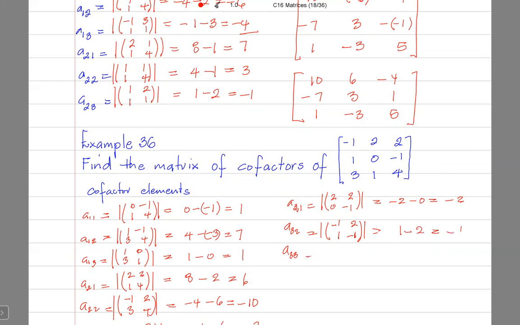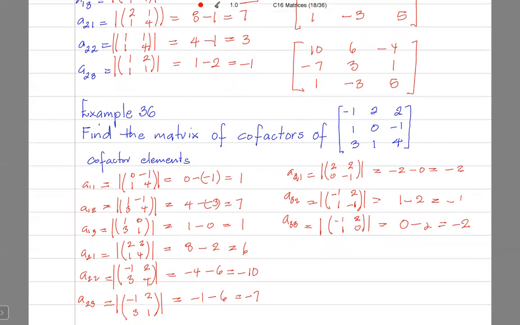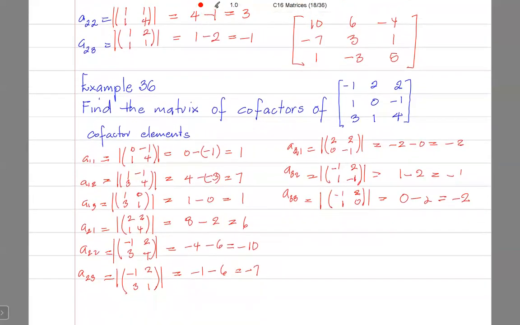This is the determinant of minus 1, 1, 2, 0, which is 0 minus 2, which is minus 2.